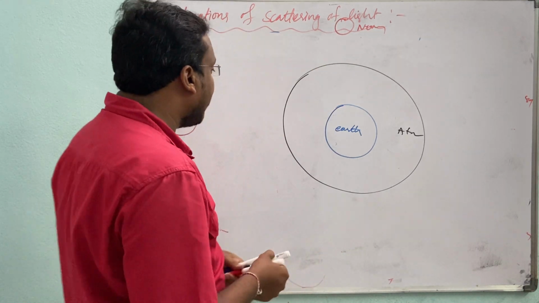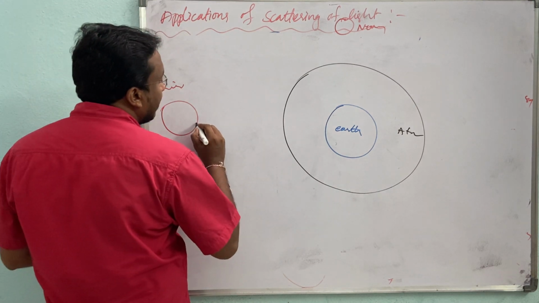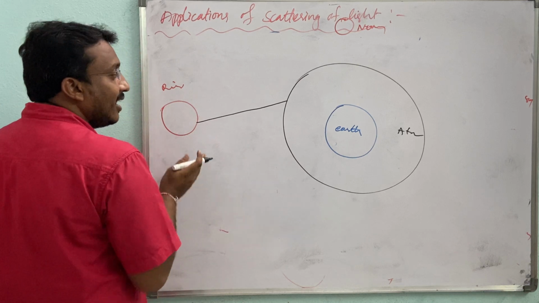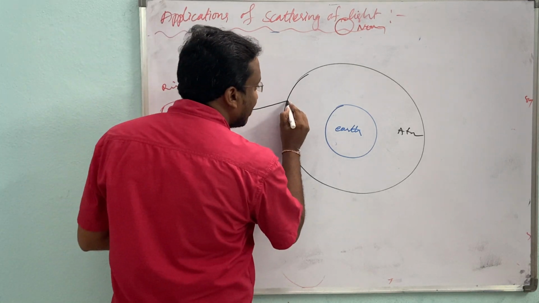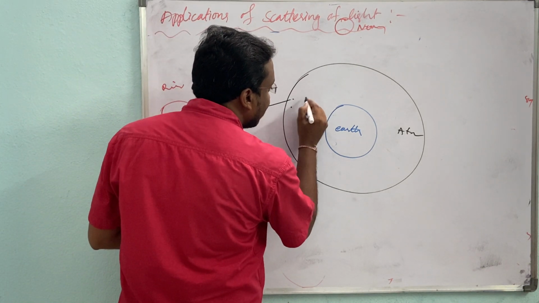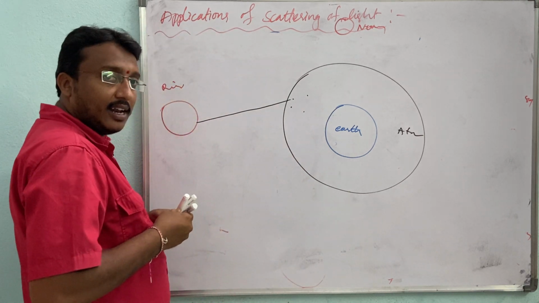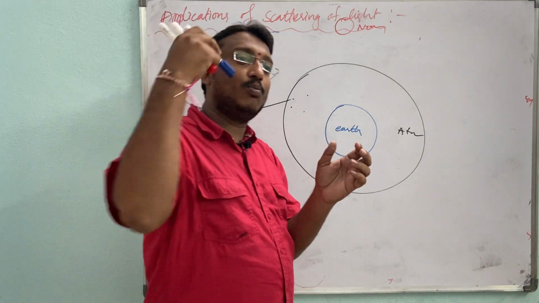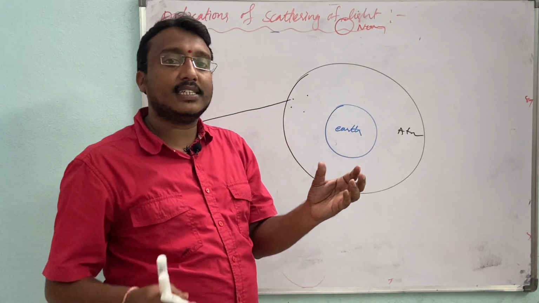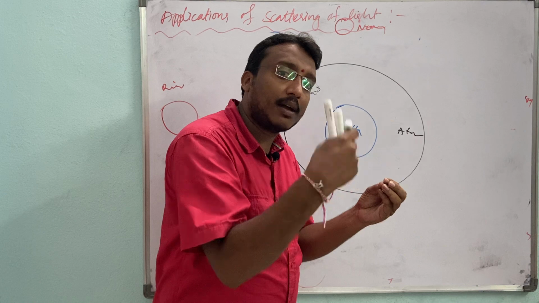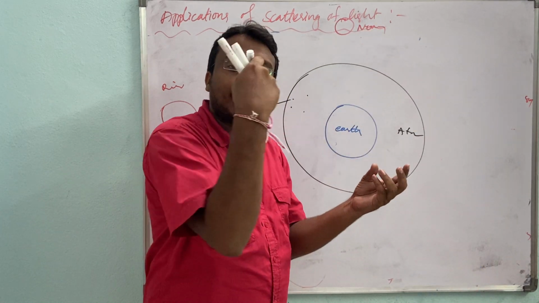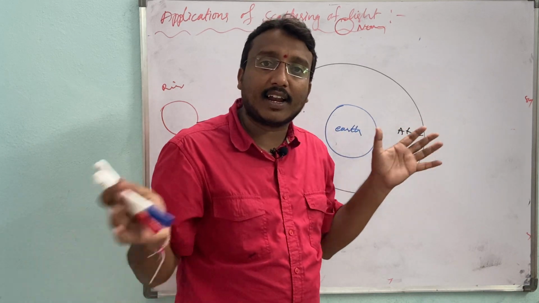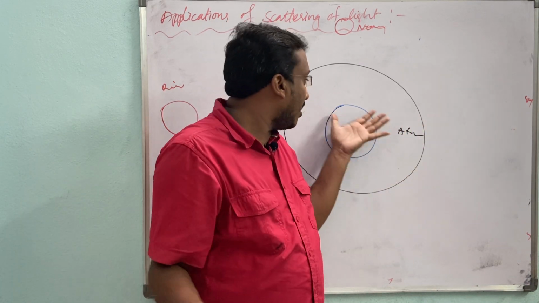Right, got it? Then that's why when white light enters the atmosphere, it meets many molecules. Some of the molecules are comparable in size to blue, some comparable in size to violet, such as different colors, different sizes.